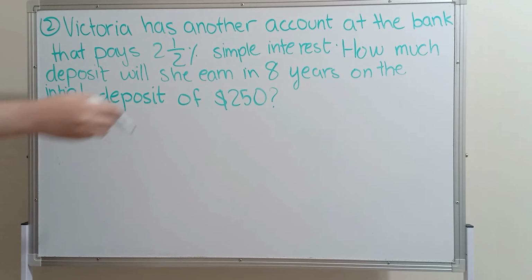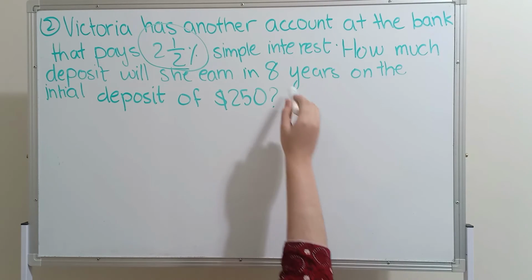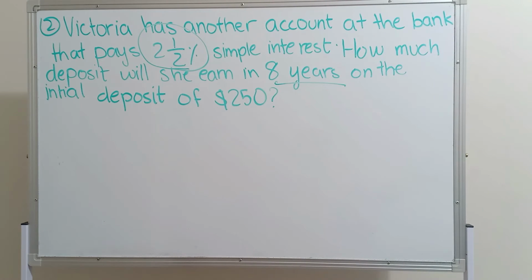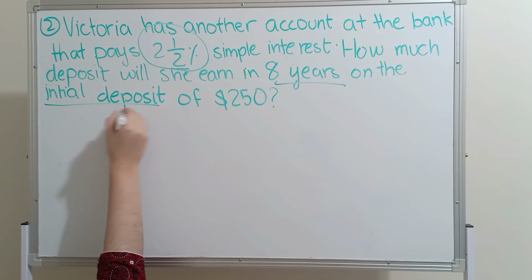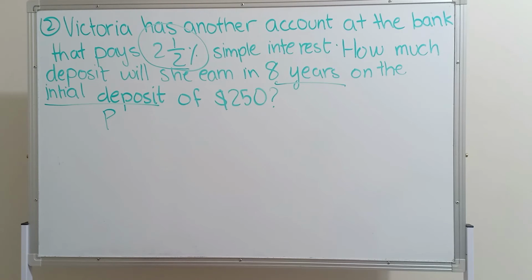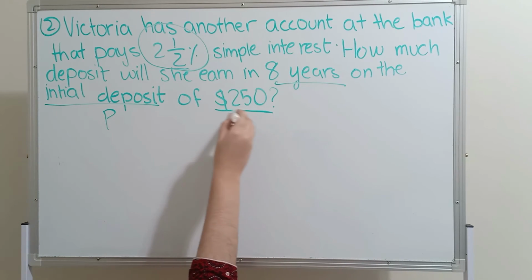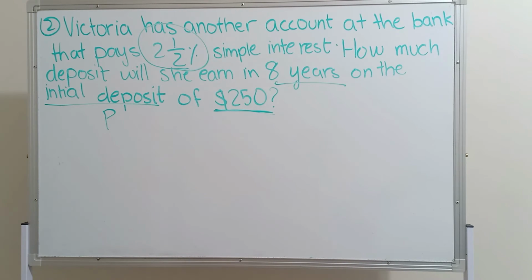So we have the interest that she gets, and then the amount of time that they're asking for, which is 8 years, and they say on the initial deposit, meaning this is the principal, of how many dollars, we have $250. So we have the interest rate, we have the time, and we have the initial value. So now we're just going to plug them in.